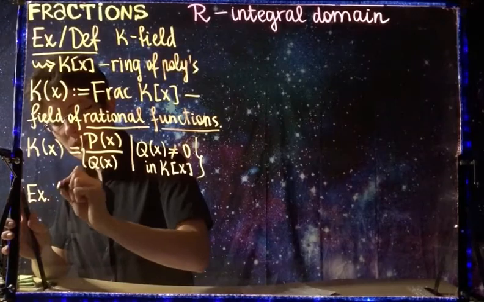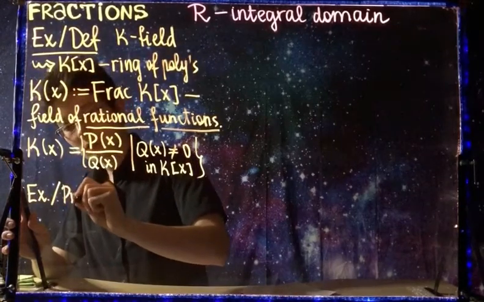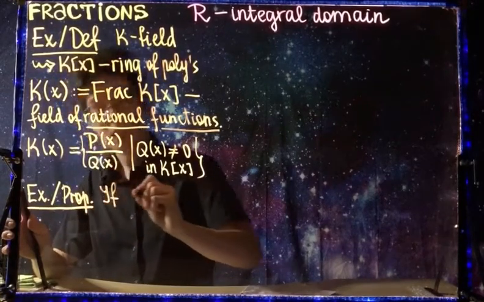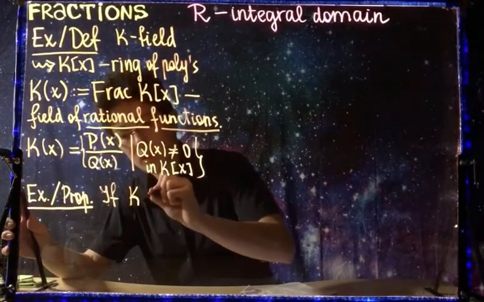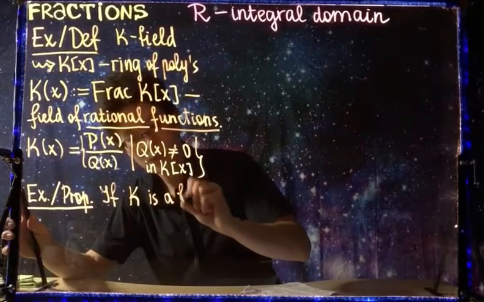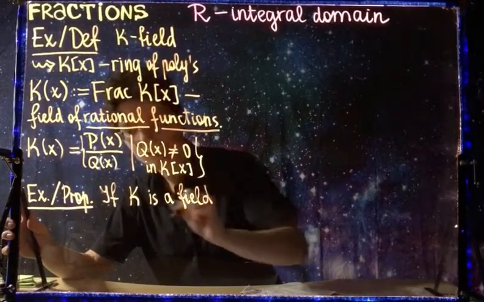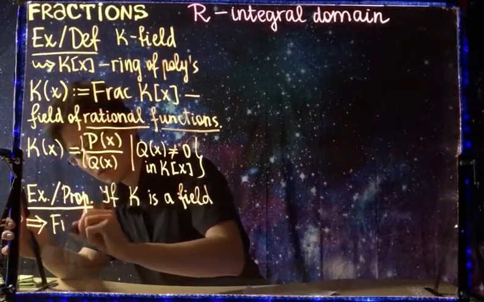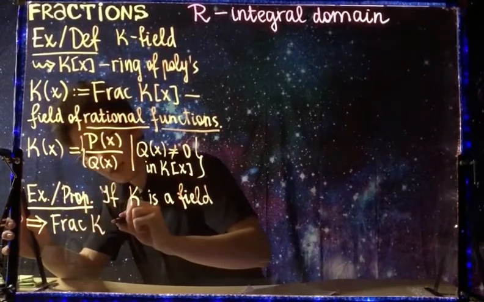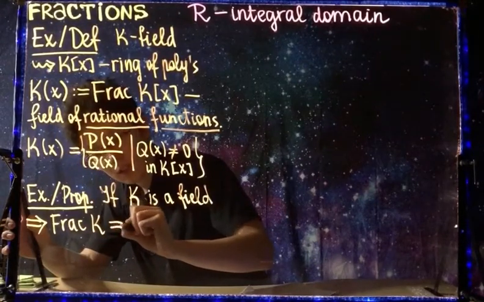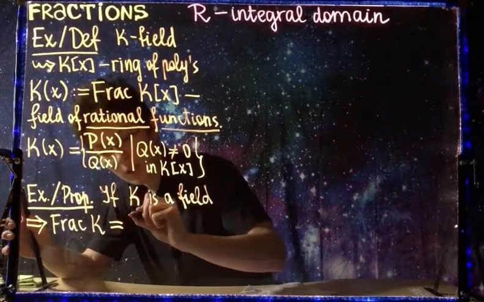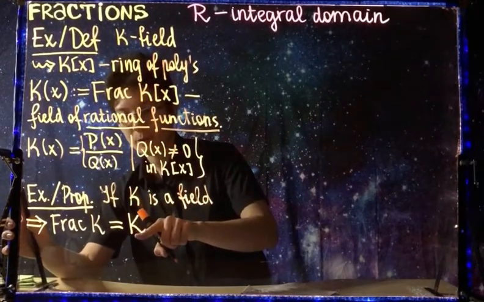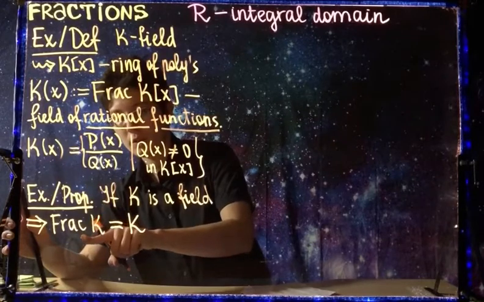Another example / proposition is that if K is a field, then it is its own field of fractions. Then frac K is equal to K via this embedding from K into the field of fractions.